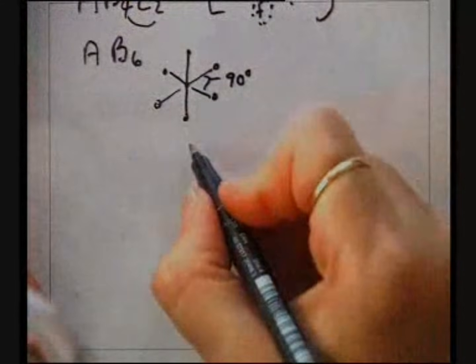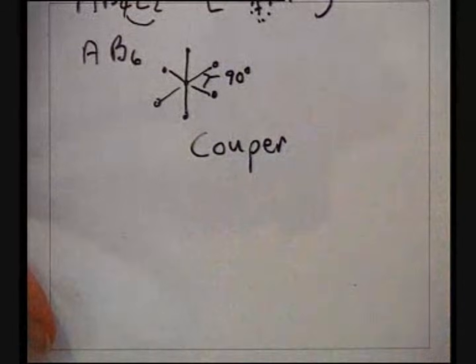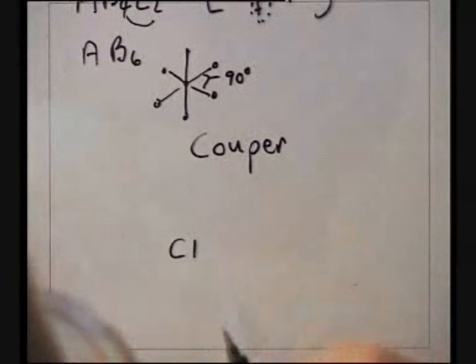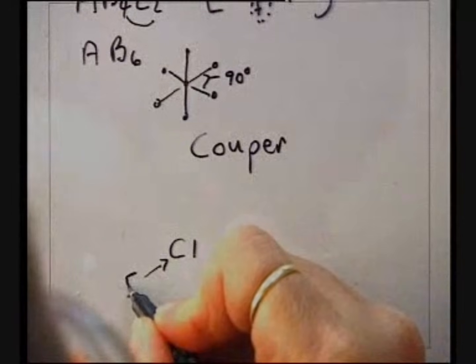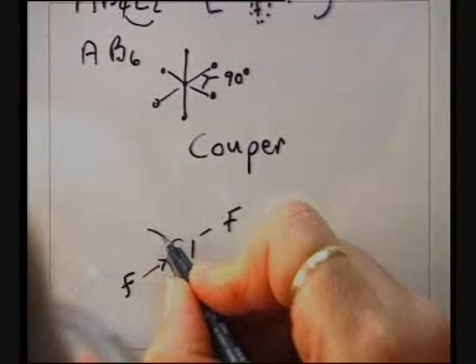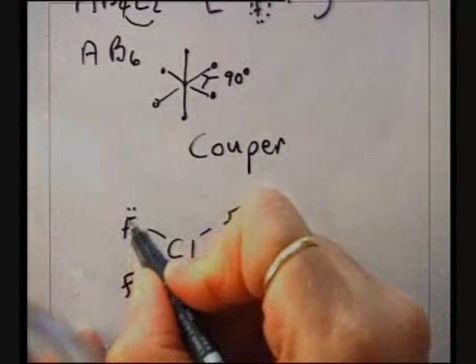We make use of the Cooper or Cowper structures to draw the molecular geometry. Central atom chlorine, fluorine atom with the dative covalent bond, ordinary single bonded fluorine, 4 terminal atoms.